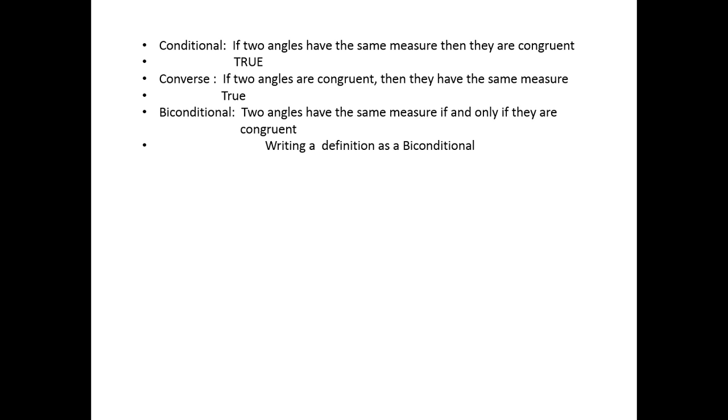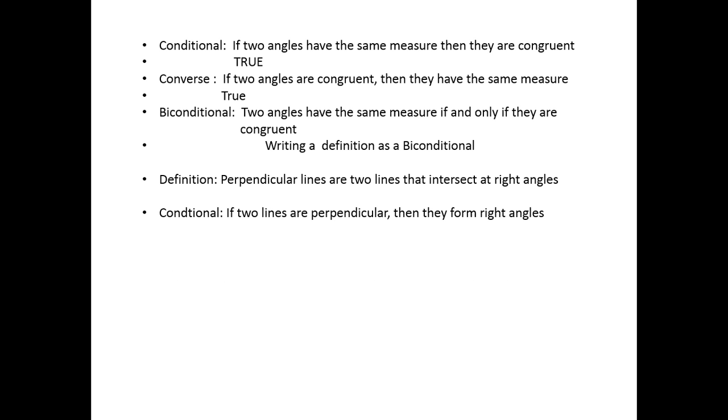Now we're going to do some additional exercises in writing a definition as a biconditional. We knew perpendicular lines are two lines that intersect at right angles. As a definition, that can be written as a biconditional if we can identify the if and then components.